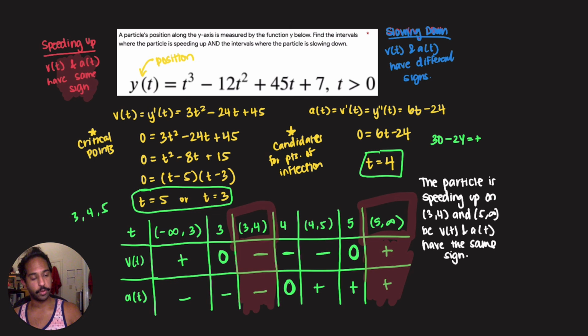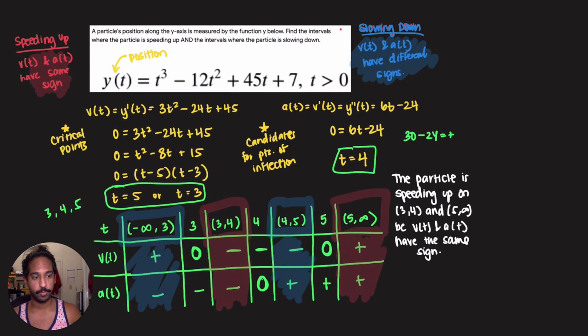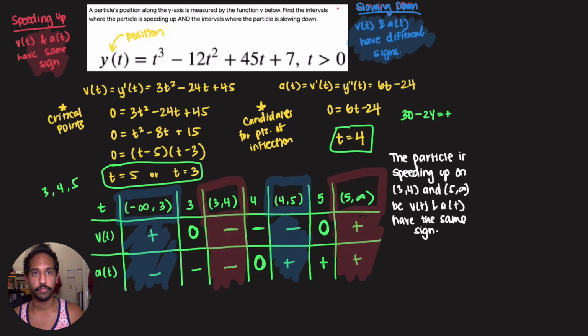Alright, and when are we slowing down? We know that we're slowing down when they have different signs, so let's find where that's true. Okay, I see that's happening here and here. So, we know that we're slowing down on these 2 intervals, and we want to write this out. I'm going to scooch this over and shrink it.